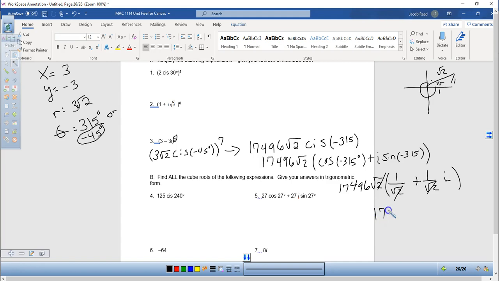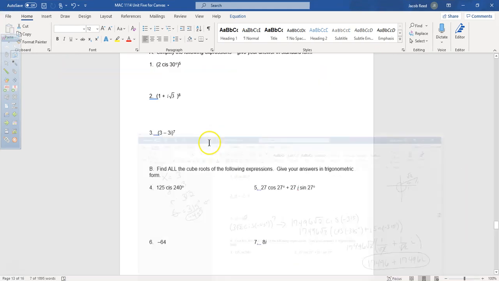It means I have 17496 plus 17496i. Little trick. That way I don't have to do square root 2 times square root 2, making 2, multiply it by this, divide by 2. Saves me a little bit of work in writing them in this way. Okay, not hard, just a little bit of work.